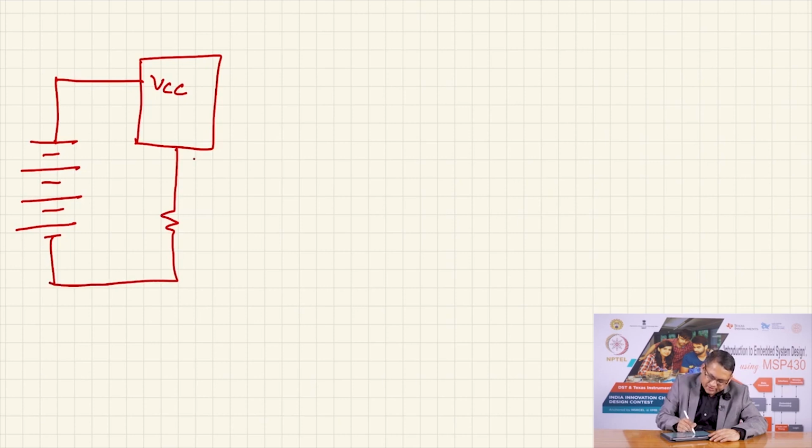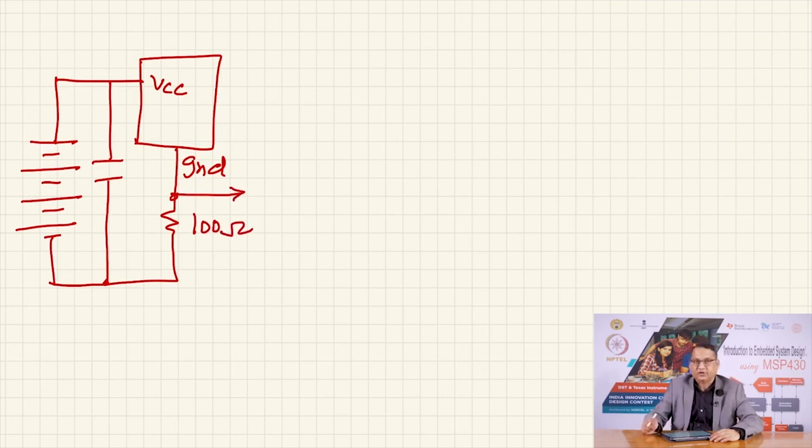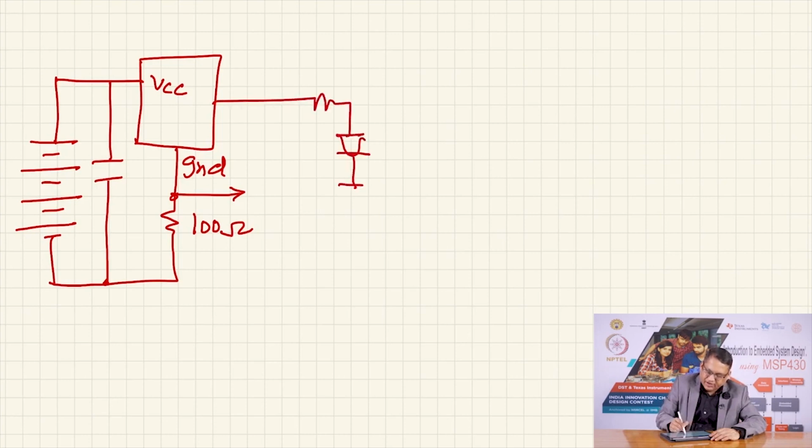This is the ground pin of the MSP430, and we connected a very large value of capacitor across this. And then this was about a 100 ohm resistor, and we observed the voltage on this, and of course you had the LED connected here, and from this we estimated the amount of current being consumed by this.